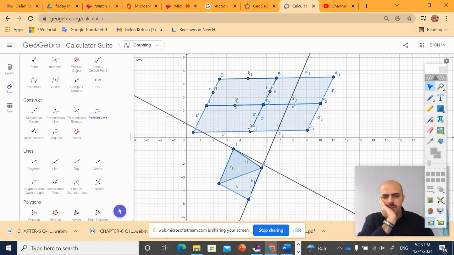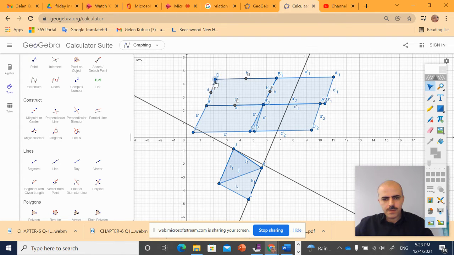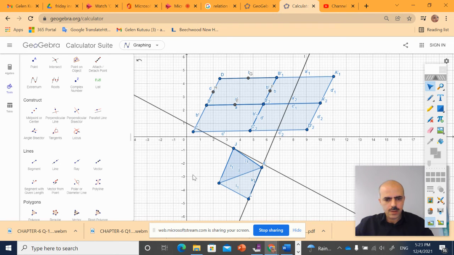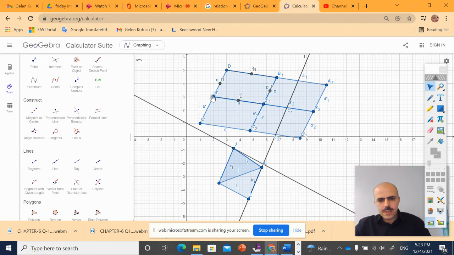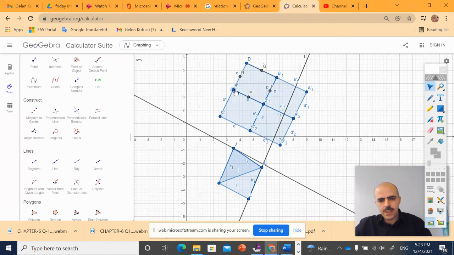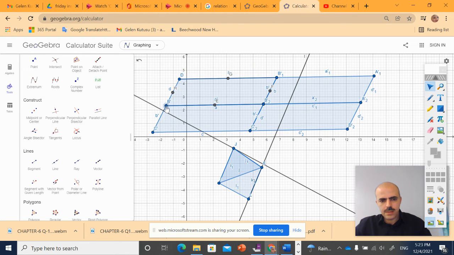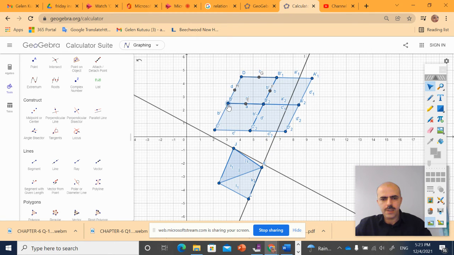Since this parallelogram can tessellate, as you see, we can make it, for example, the angle of BDB, we can make it an obtuse angle like this, or an acute angle like this, or something similar to a right angle, something like this.